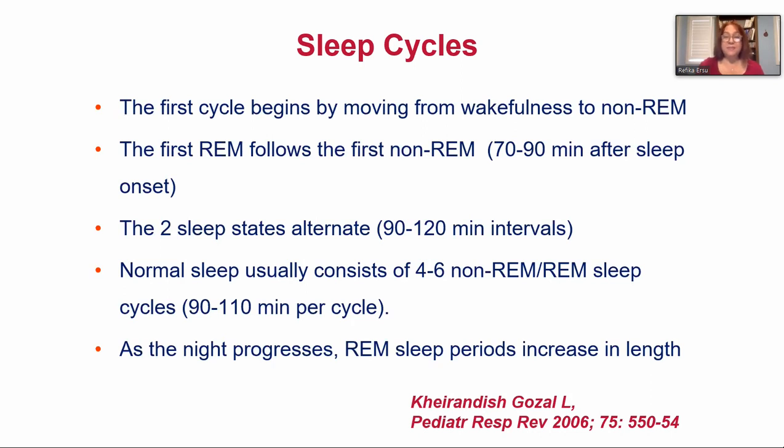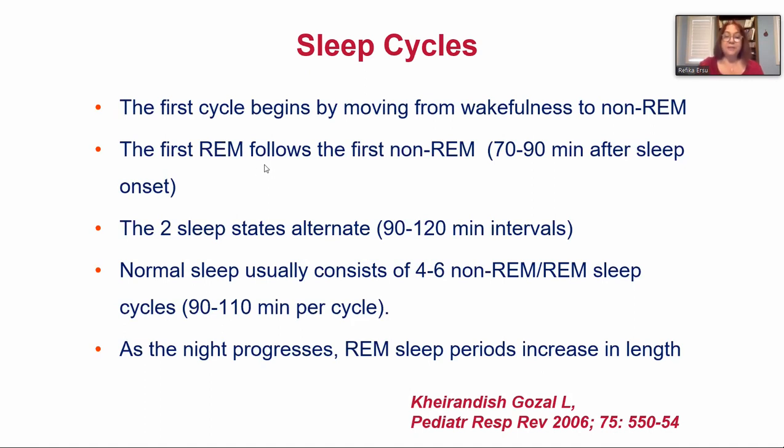In infants, it may actually start in REM sleep, which is normal, but beyond infancy, usually beyond 6 months of age, if sleep starts with REM sleep, it's suggestive of a diagnosis of narcolepsy. It's actually one of the criteria that we use.